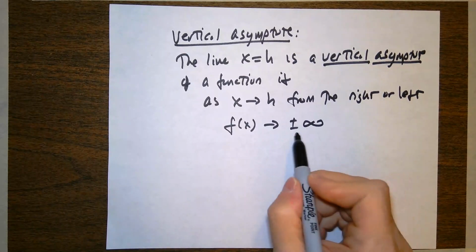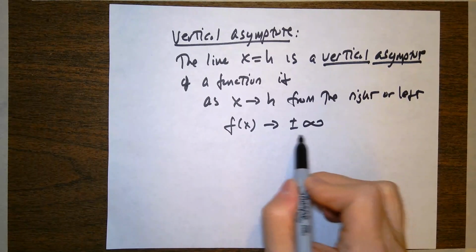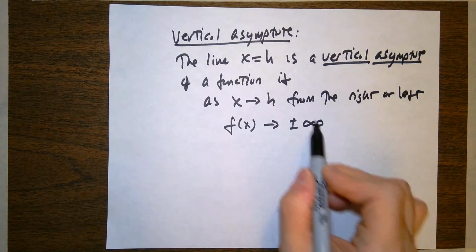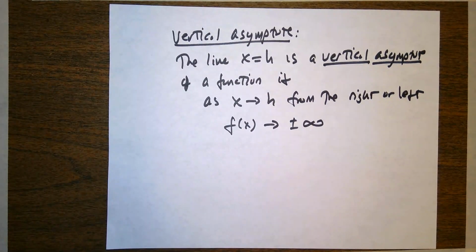And remember, this is the way we say it, approaching infinity. I don't like that so much. Think about it as increasing or decreasing without bound. So this is the true definition of what a vertical asymptote is.